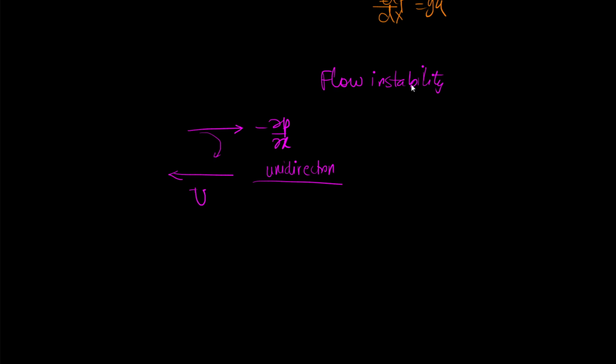So flow instability is something in which you have a flow configuration, but the flow configuration is sort of unstable to certain disturbances. And I say certain disturbances because it is not unstable to all disturbances. It is unstable to disturbances of a certain wavelength or a certain frequency.